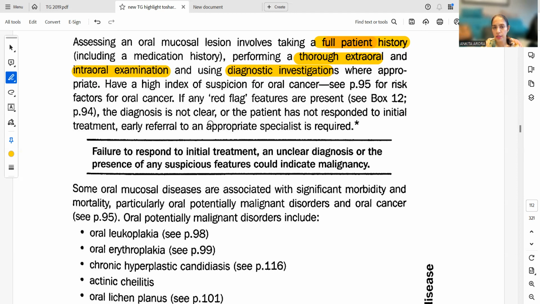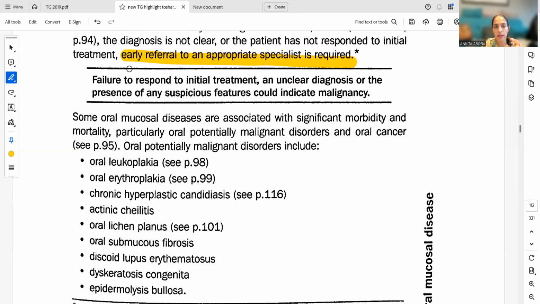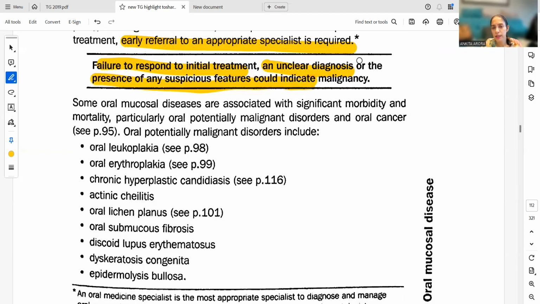Wherever the diagnosis is not clear or the patient has not responded to treatment, very early referral to appropriate specialist is required. It's star marked, and they have written failure to respond to initial treatment, unclear diagnosis, presence of any suspicious features could indicate malignancy.